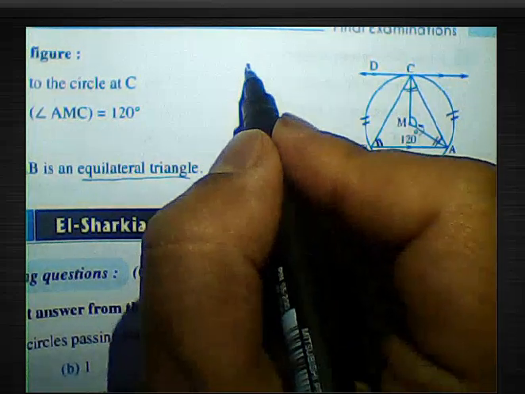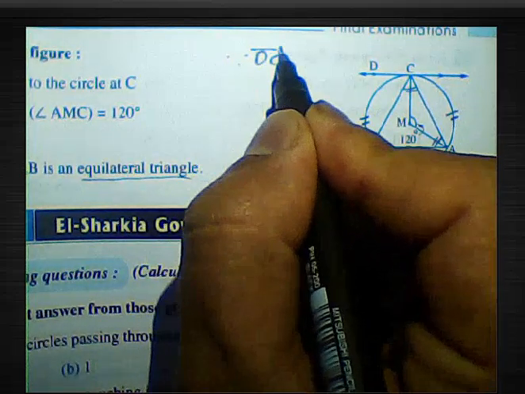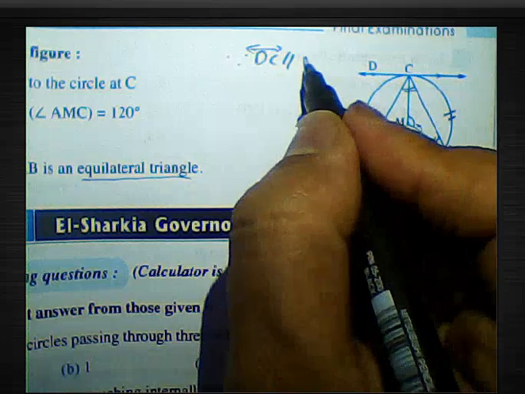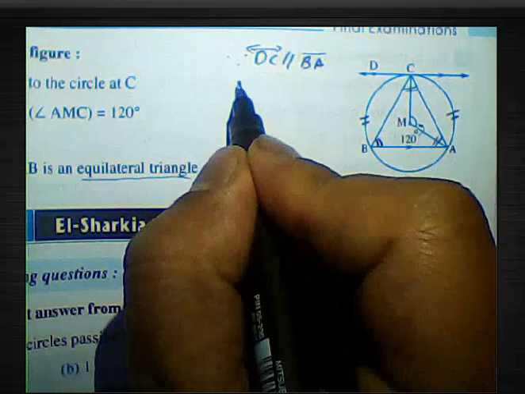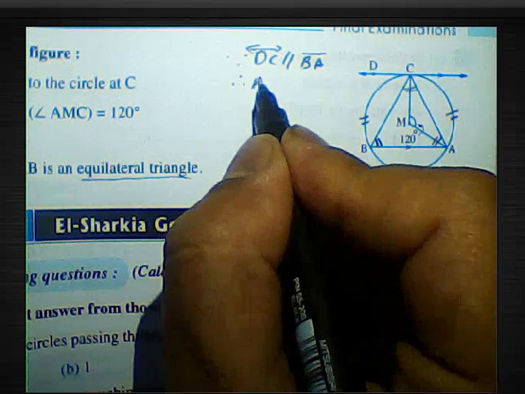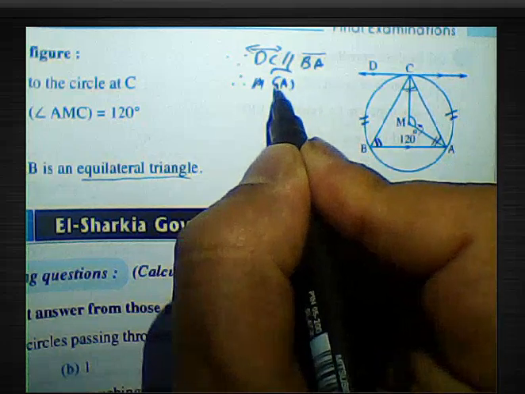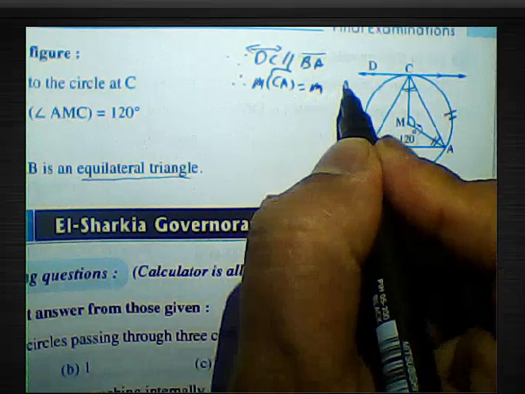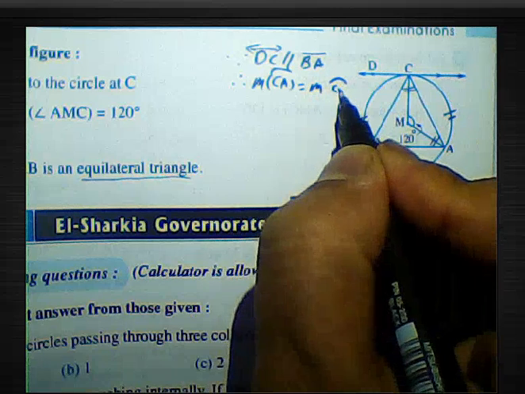Okay, such that DC is parallel to BA, then the measure of arc CA equals the measure of arc CB.